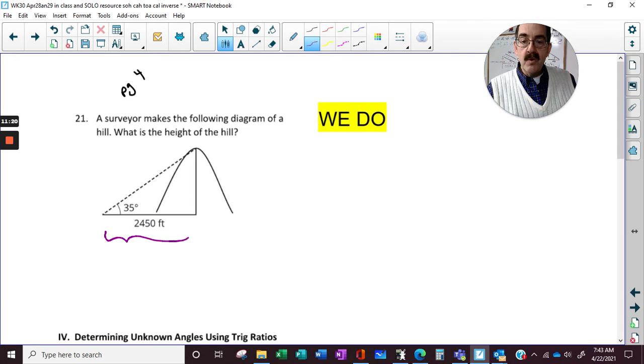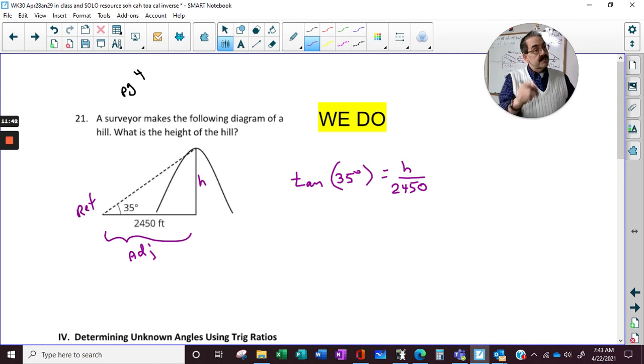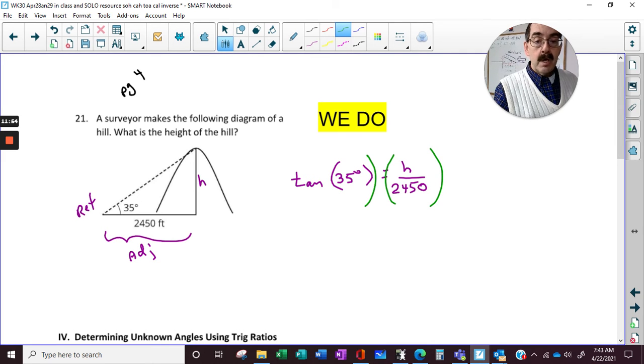Well, if we know this distance, that's the ADJ, and we know our reference angle, we can calculate height. Absolutely. The tangent of 35 degrees is equal to the height divided by the distance. Okay, Skill Builder Week. How do we solve for H? If you have to, pause the video, have a class discussion, but we all know how to undo a division.